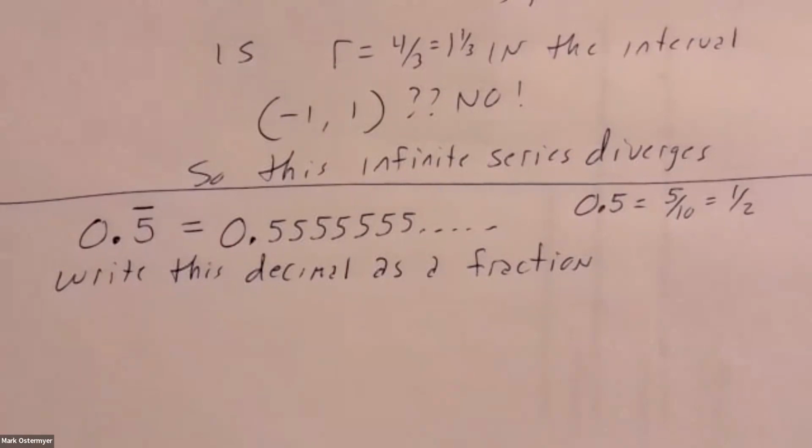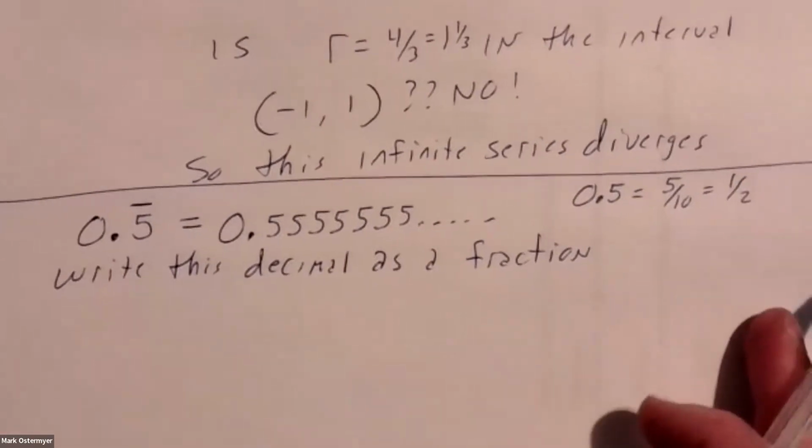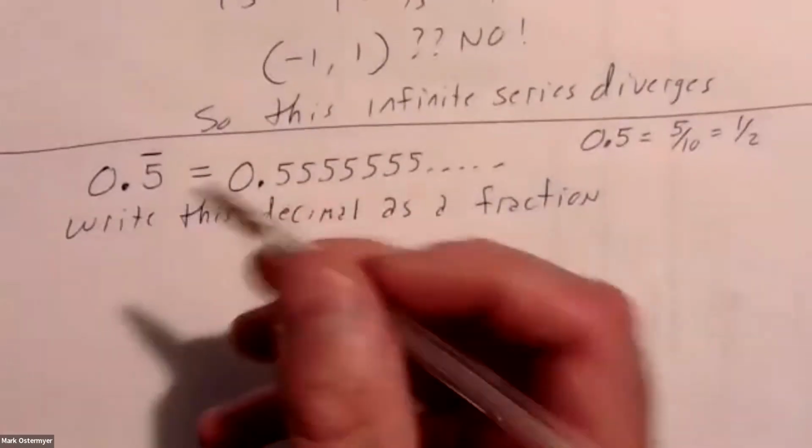What number do you divide by what number to give you this repeating decimal, 0.55555? To the rescue is the infinite convergent geometric series. That's going to enable us to take care of this. Watch this.